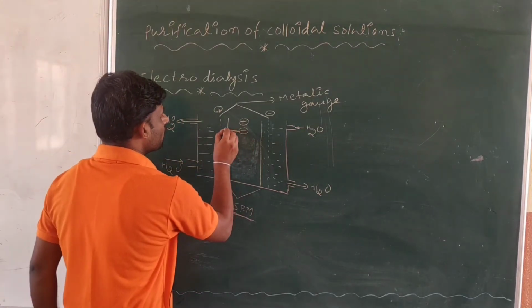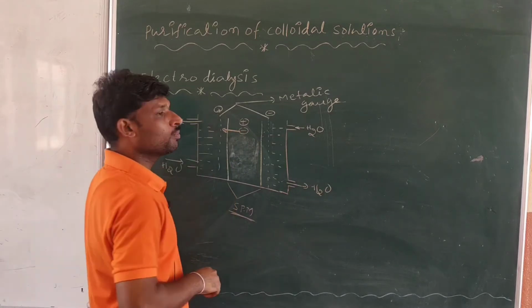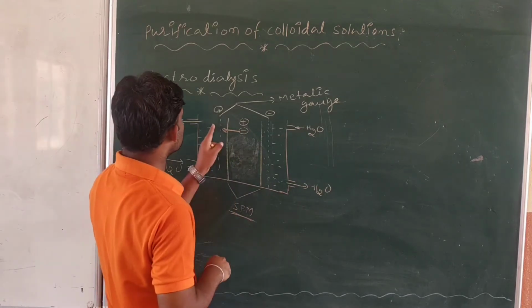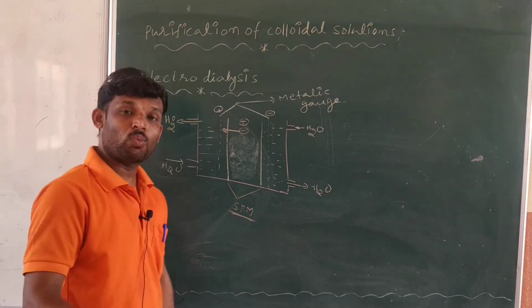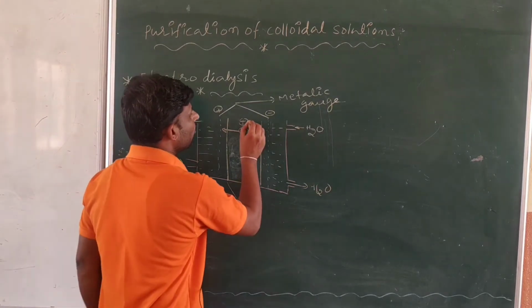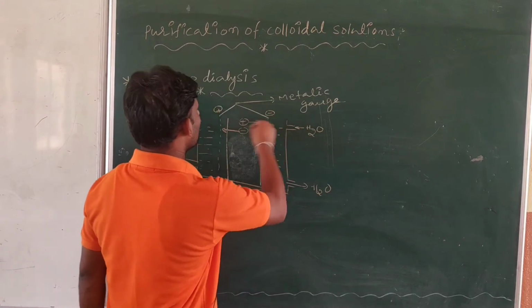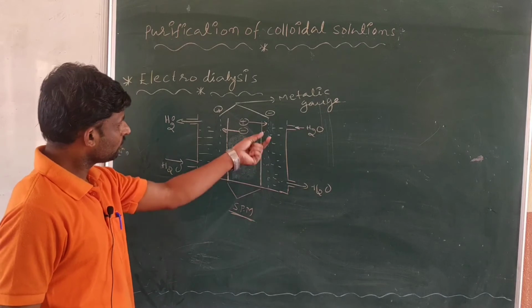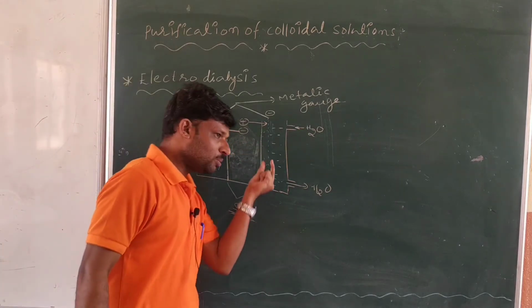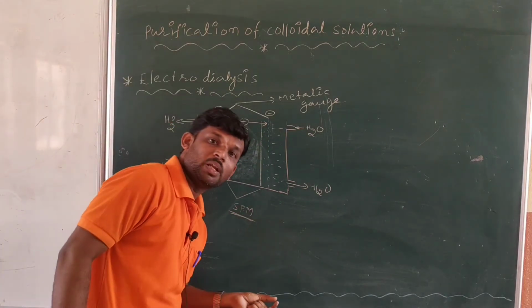So what happens? The negative ions can move towards the positive metallic gauze or metallic wire, and the positive particles can move towards the negatively charged metallic gauze or metallic wire.